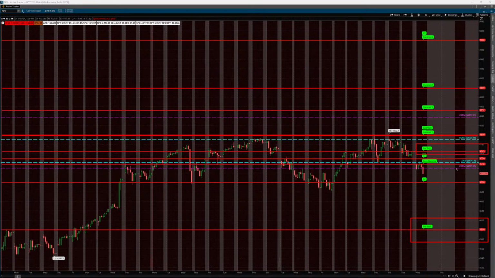Below that level, market makers' position on the gamma curve is negative. In a negative gamma environment, market makers have to trade with price to hedge their delta exposure, and that tends to enhance or increase volatility. On the other hand, above that level, market makers' position on the gamma curve is positive.